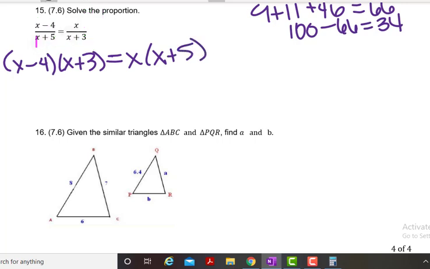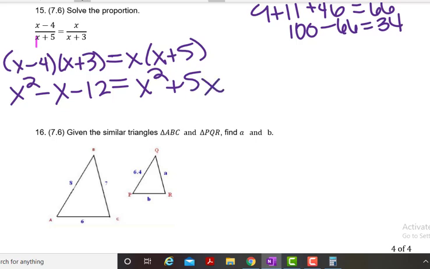Doing my multiplication, or FOILing. On the left, I have x squared. Now, I did FOIL, but then I combined the two middle terms in my head. So x squared minus x minus 12 is equal to x squared plus 5x.